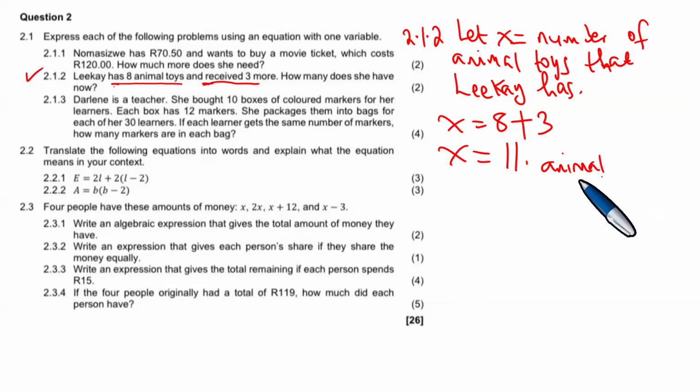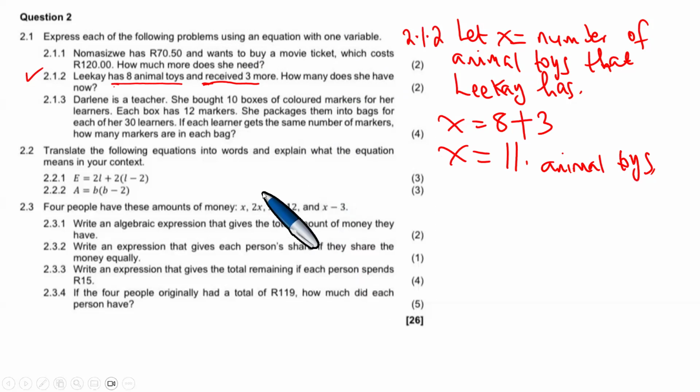Okay, good. So that is the situation, but the question is, express each of the following problems using an equation with one variable. So we need a variable, and the variable is what we need to determine.